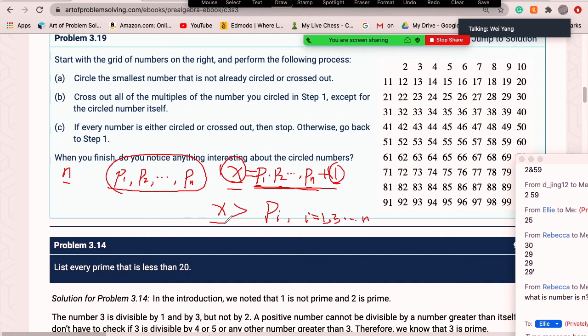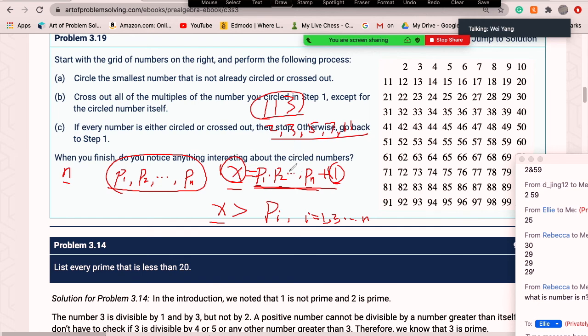Based on our earlier check with 113, we used 2, 3, 5, 7, and 11, all these prime numbers, to divide this number, and it was not divisible, so we concluded that this number is a prime number. The same happens for this x here.